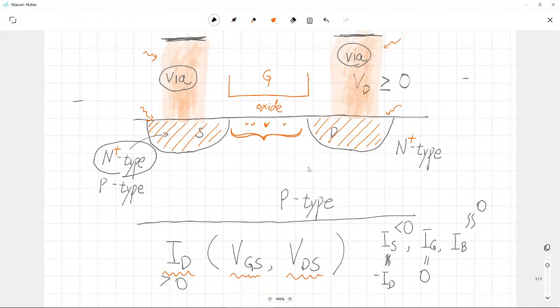Of course, I should admit that, or I should warn that, considering only this part is an old story. So nowadays, this and that, they play a critical role. However, that is just state of the art, and as a beginner of this field, we will just concentrate on this part.